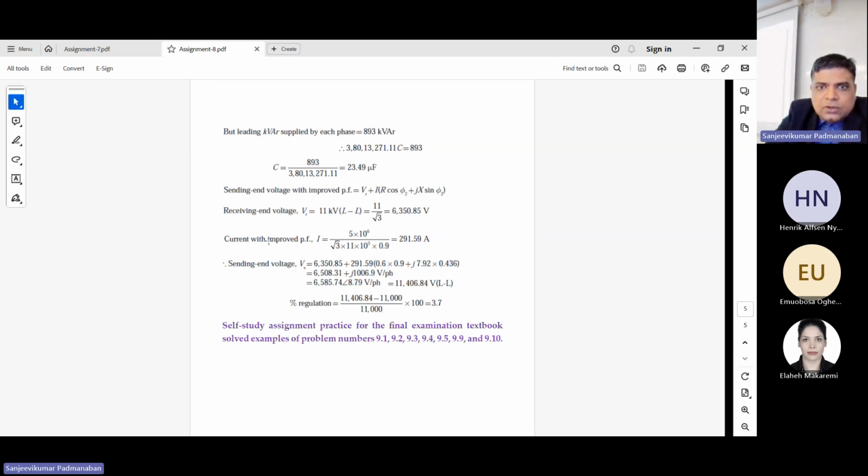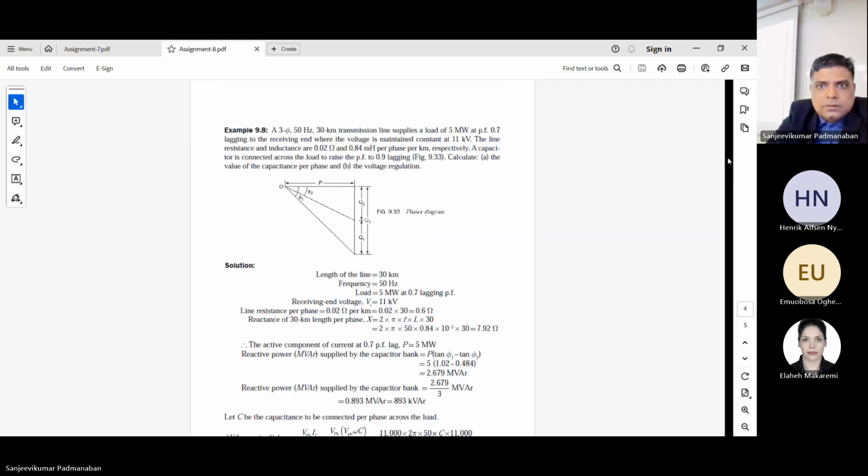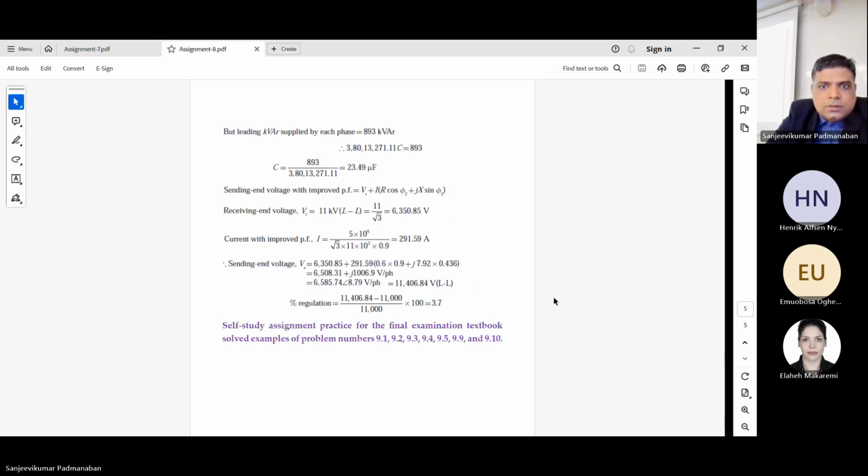How to calculate the current? Current is power divided by voltage. The 5 into 10 power 6 is already given in the problem. See the problem, 5 megawatt is given. So 5 megawatt divided by √3 into the voltage 11 into 10 power 3, into the power factor 0.9.